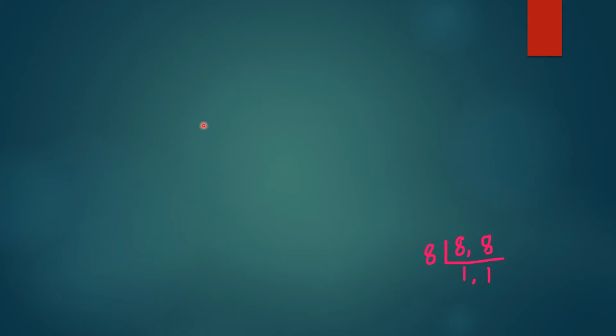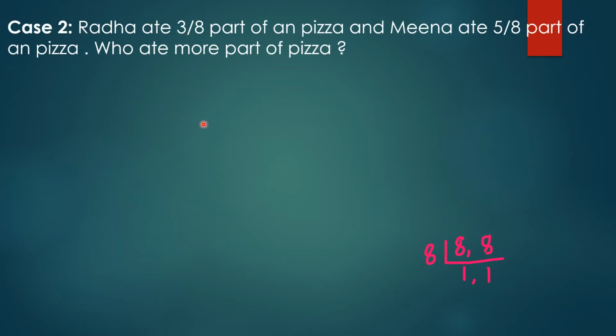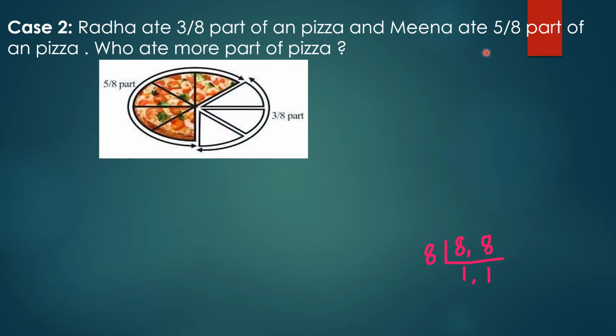To understand more about comparison of fractions, let us consider one more example. Radha ate 3 by 8 part of a pizza and Meena ate 5 by 8 part of a pizza. Who ate more of the pizza? In this case also we have two fractions, 3 by 8 and 5 by 8, under comparison.